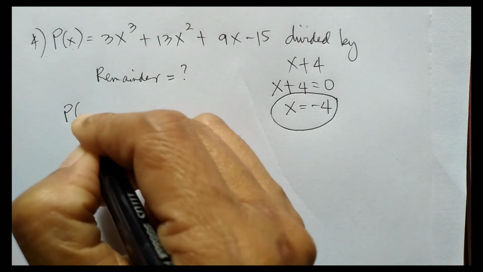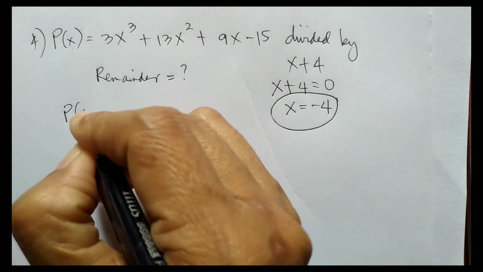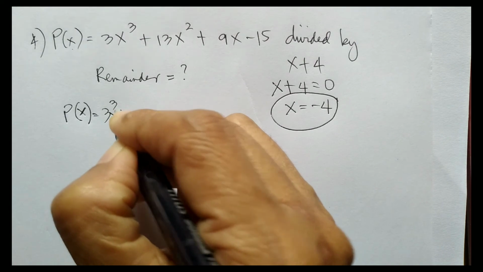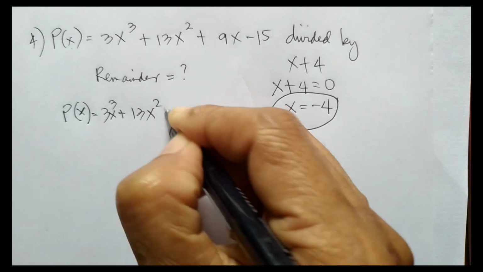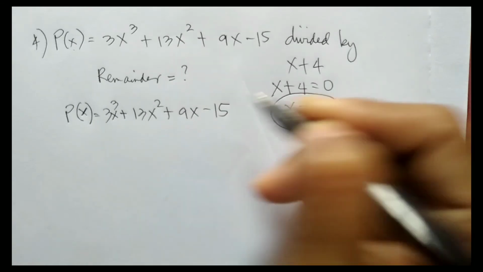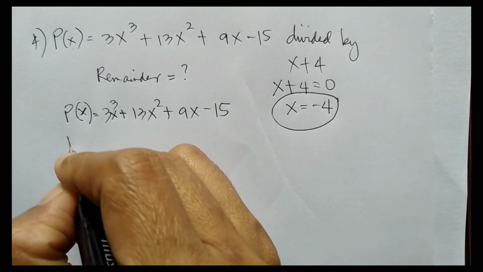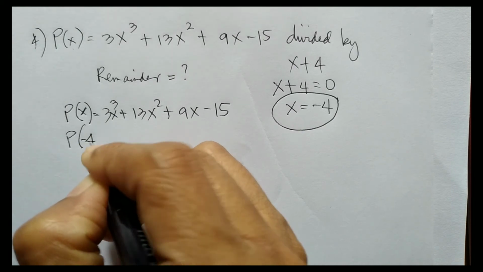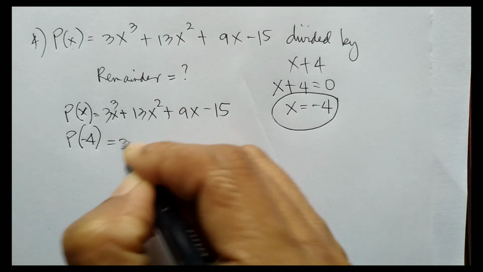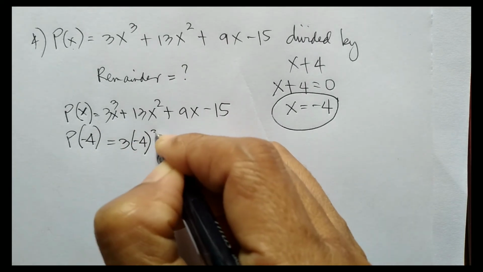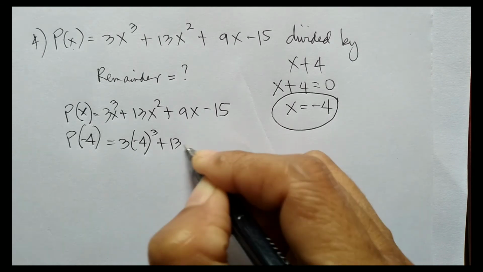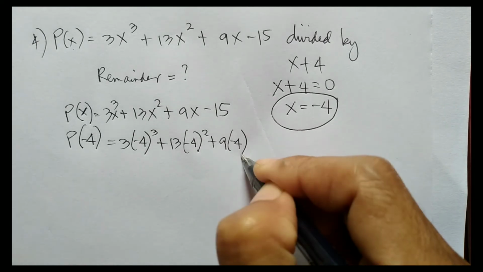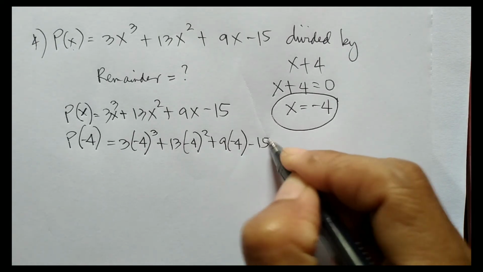So, p of x is equal to 3x cubed plus 13x squared plus 9x minus 15, and evaluate when x is equal to negative 4. So, 3 times negative 4 cubed plus 13 times negative 4 squared plus 9 times negative 4 minus 15.